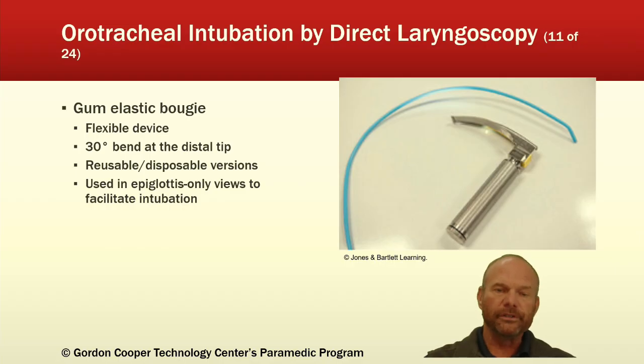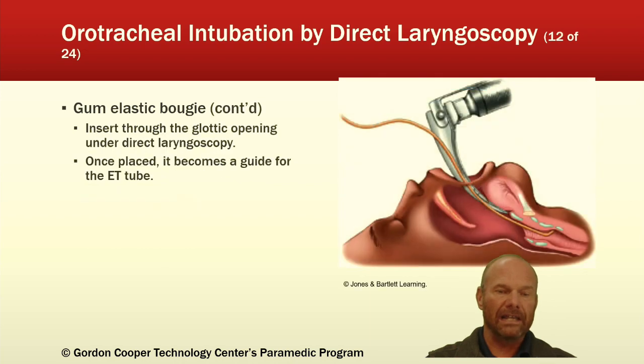There are reusable and disposable types, adult and pediatric, and it's especially useful in cases where only the epiglottis is visible. The bougie helps guide the ET tube into the trachea by acting as a placeholder. We'll go over much more of that in lab as well.